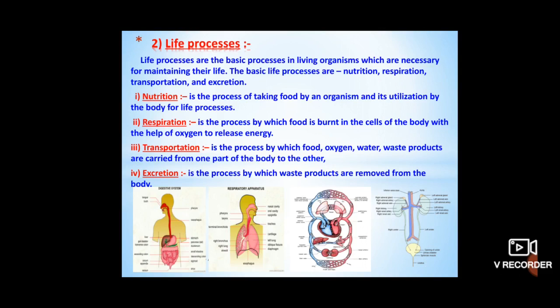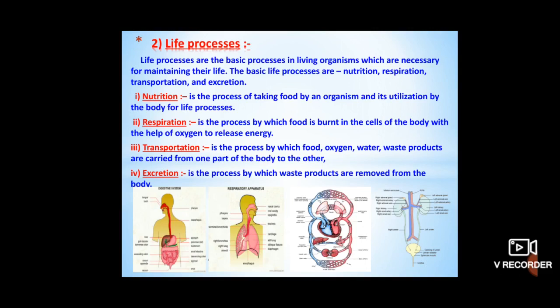Understand? So the next life process activity is respiration. Dear children, we already have brief knowledge about respiration. We inhale oxygen and exhale the toxic gas called carbon dioxide. For what purpose does our body need oxygen?